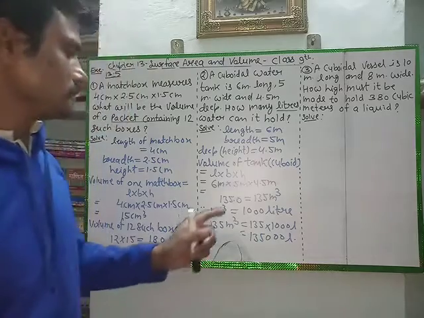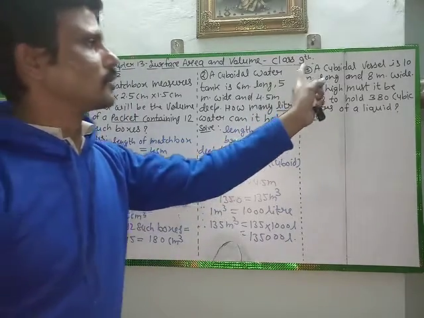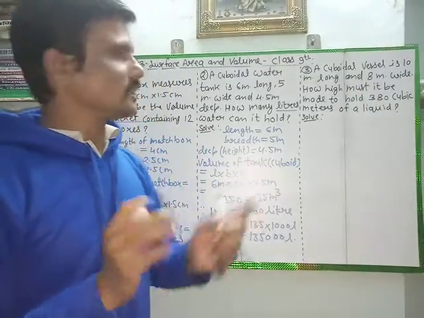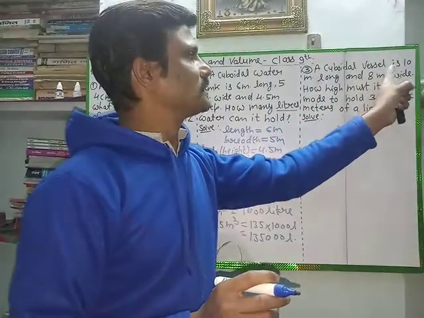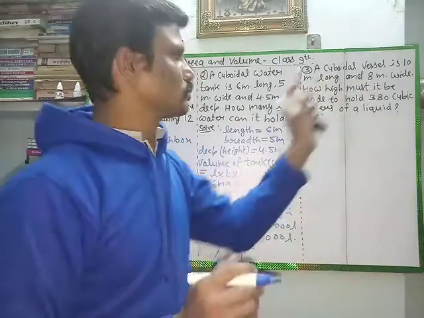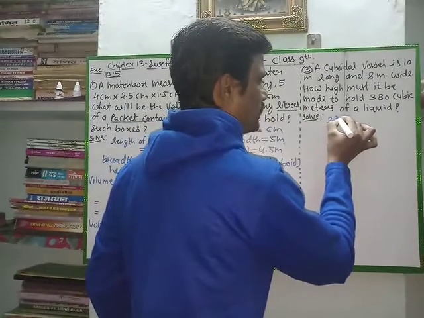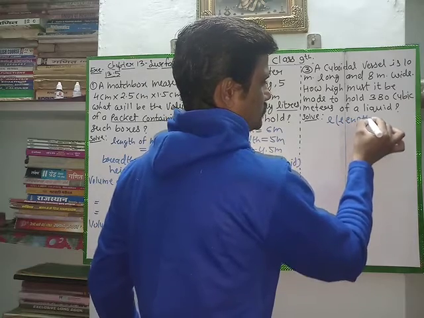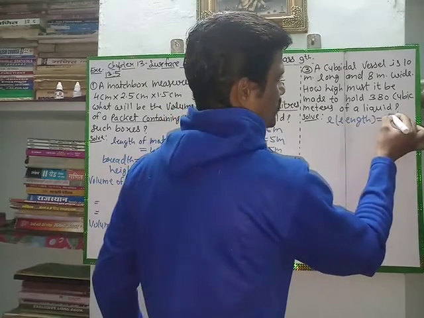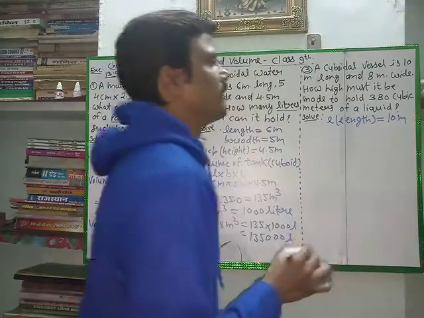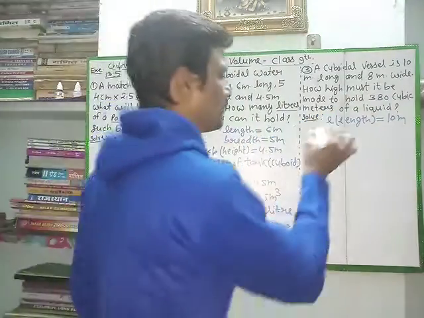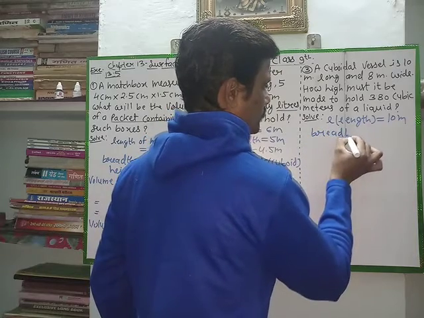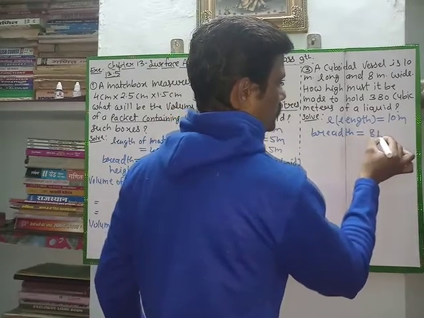Question number 3rd. A cuboidal vessel, vessel means a pot or utensil, is 10 meter long. So length L is 10 meter, and 8 meter wide. Wide means breadth is 8 meter.